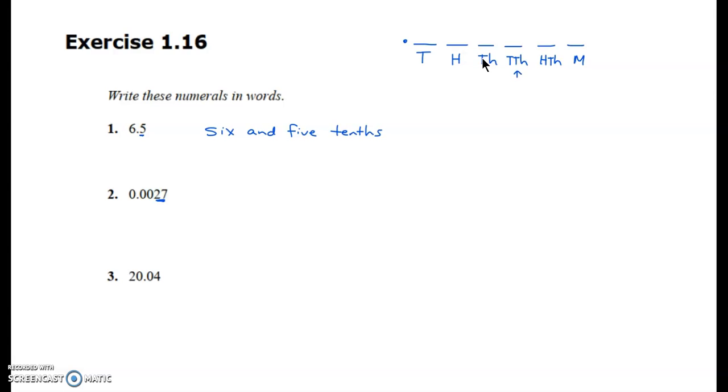So it's ending at the 10,000ths place. So I don't have to say 0 and nothing like that. I just go right ahead to write the number I see, 27, and then I state the position that this 7 is in. It's in the 4th position, 27 10,000ths.